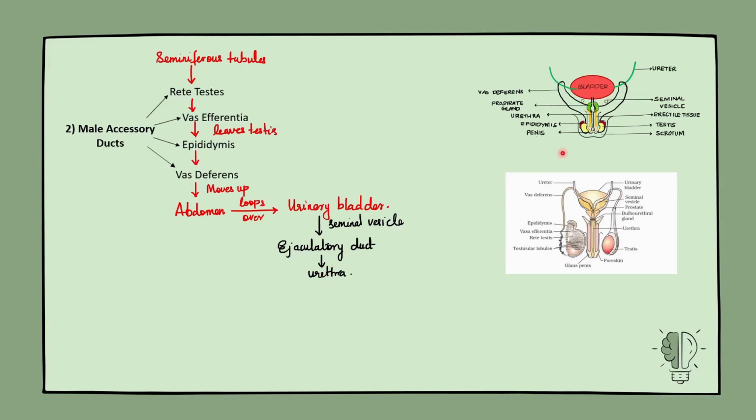Now, the urethra extends through the penis and opens externally through an opening called the urethral meatus.